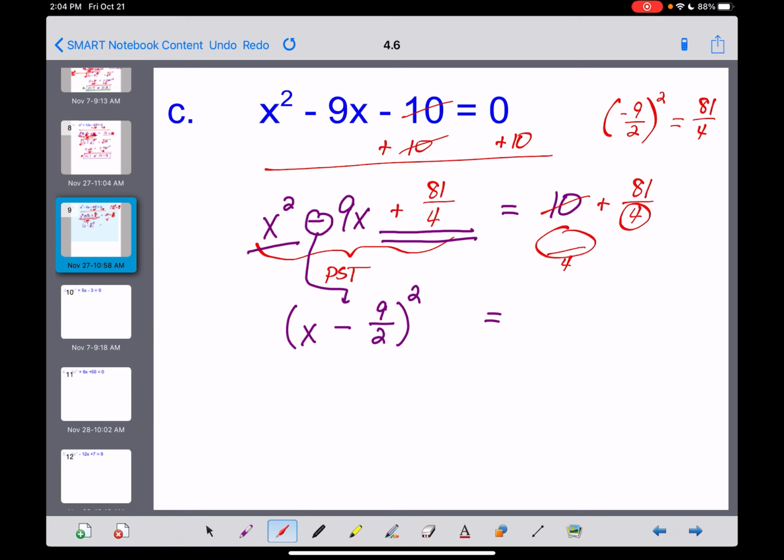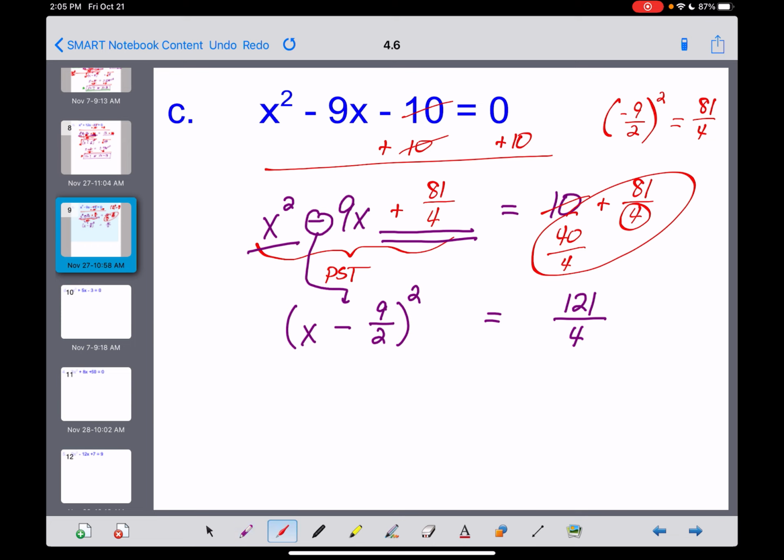What number divided by 4 is equal to 10? That's going to be 40. So 40 over 4 plus 81 over 4, you just add your numerators together and get 121, and the denominators stay the same. That's going to be 4.